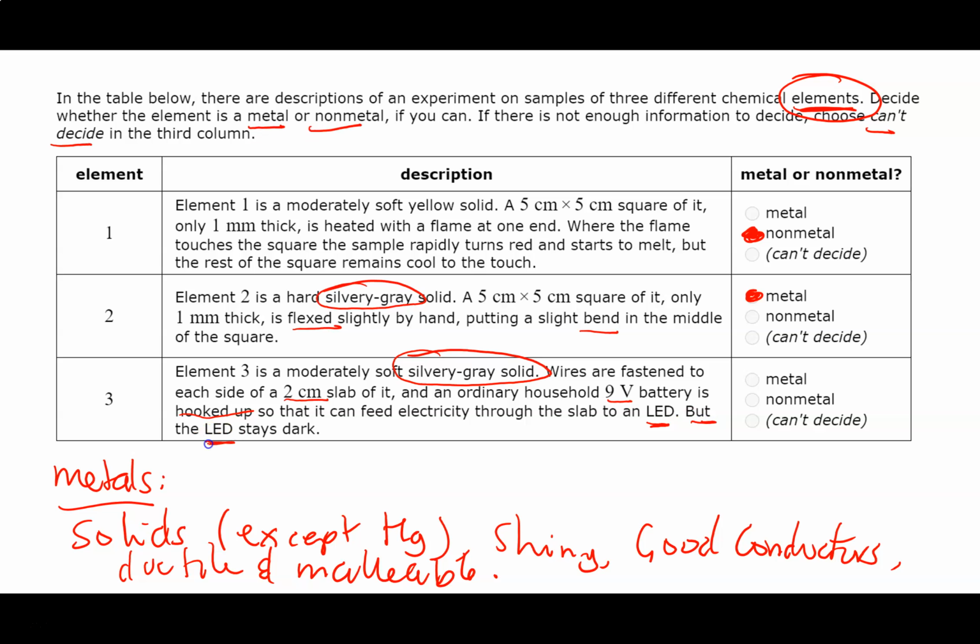But the LED stays dark. So it can't conduct electricity, but it is silvery grey. Well, metals are definitely all good conductors of electricity, so it has to be a non-metal.